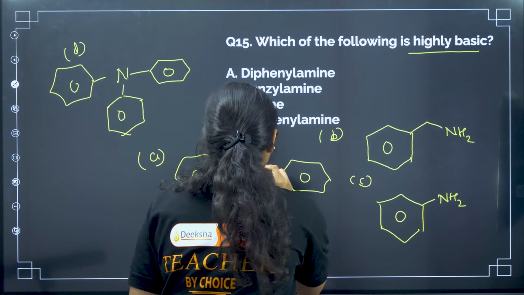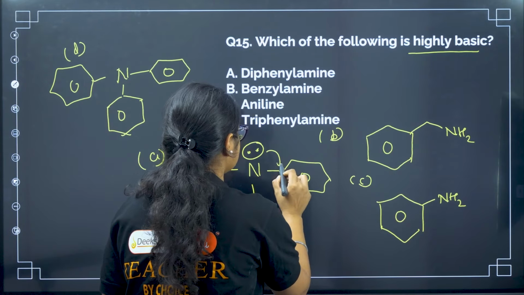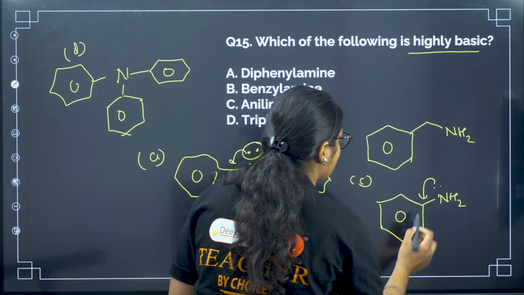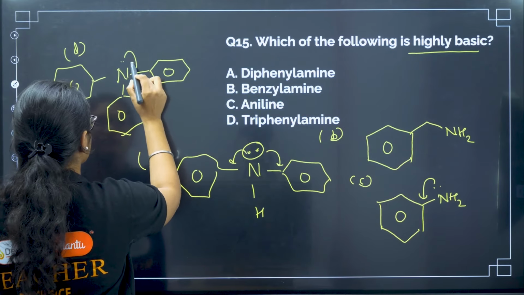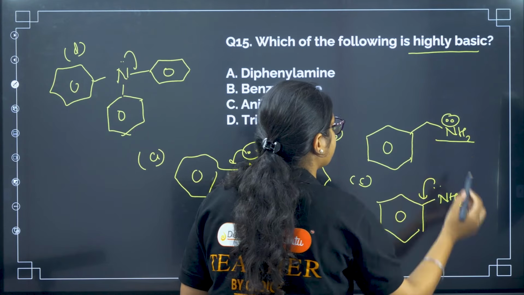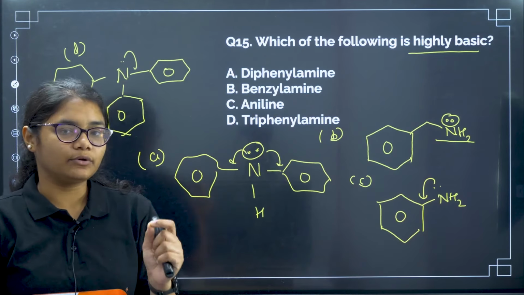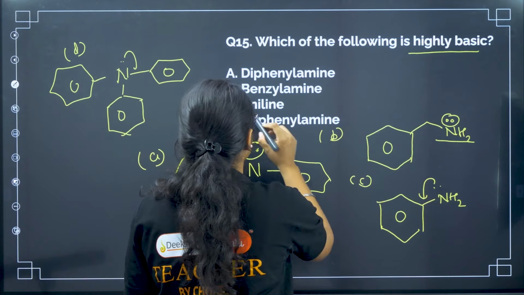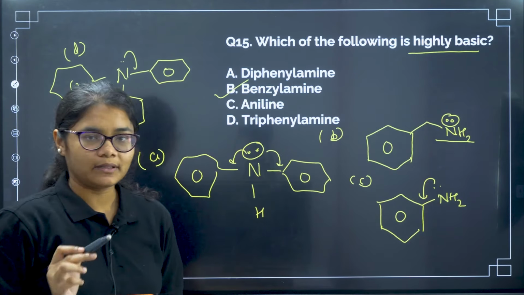In triphenylamine, the nitrogen lone pair is involved in resonance with all 3 phenyl groups, and in the others the nitrogen lone pair is also involved in resonance. But in benzylamine, the lone pair of nitrogen is free and can be donated for basicity. So the most basic compound will be benzylamine, that is option number B.